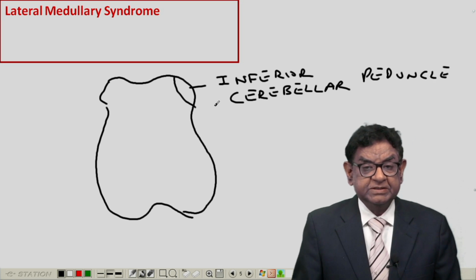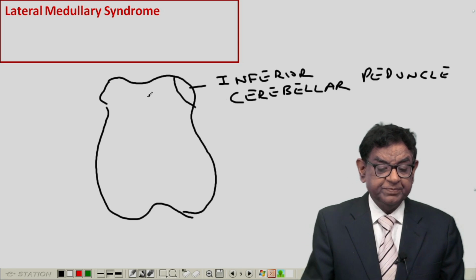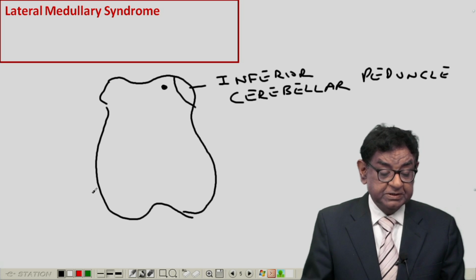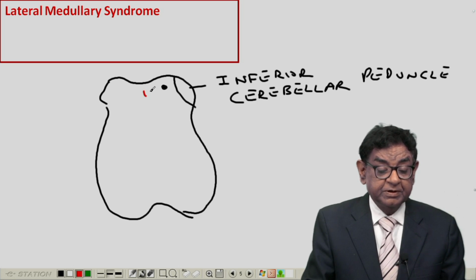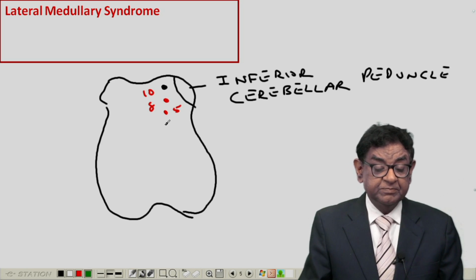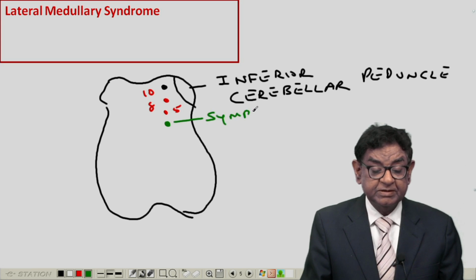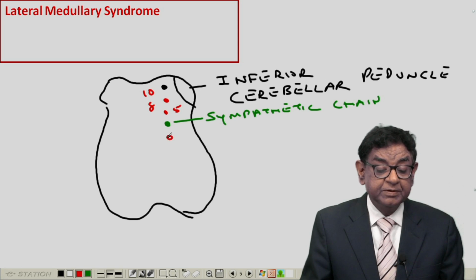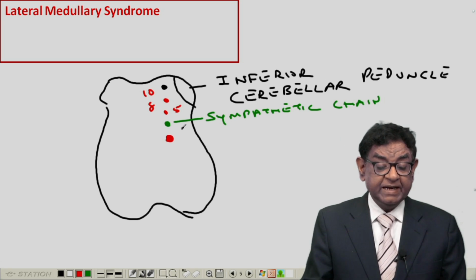By this, the cerebellum is attached to the medulla oblongata, and here is the 10th nerve nucleus. This is the 8th nerve nucleus, 5th nerve nucleus, descending fiber of the sympathetic chain, and here is the spinal lemniscus.